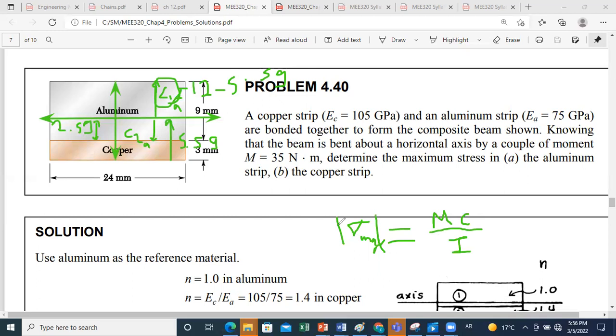Now for copper, I should pay attention that n is not 1 for copper. So for copper, I multiply by n. N is the ratio of 105 over 75.